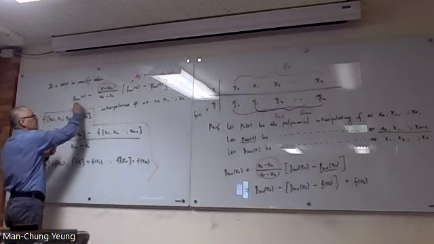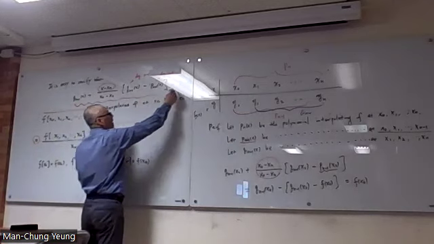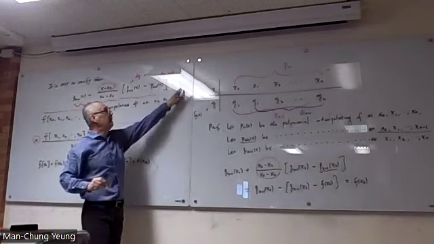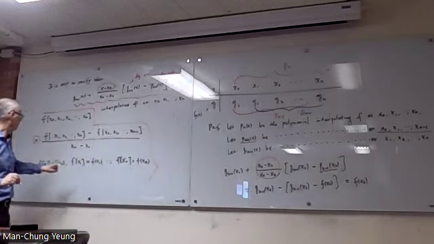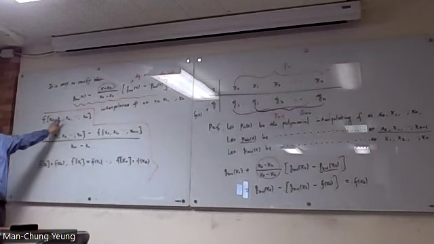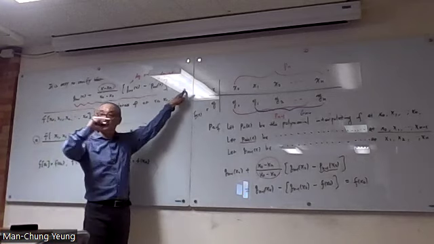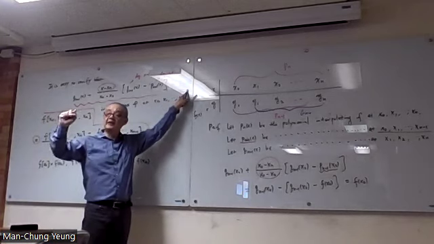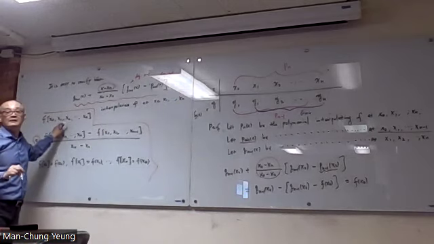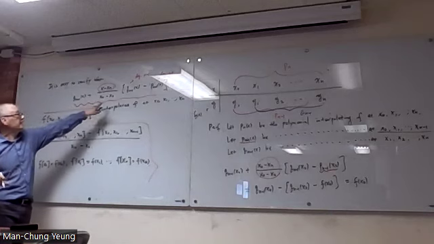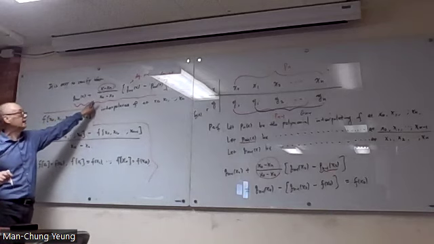Compare the leading coefficients of this polynomial and this polynomial. The leading coefficient of this polynomial is this. If you write it in Newton form, the leading coefficient is this. What is the leading coefficient of the left side?